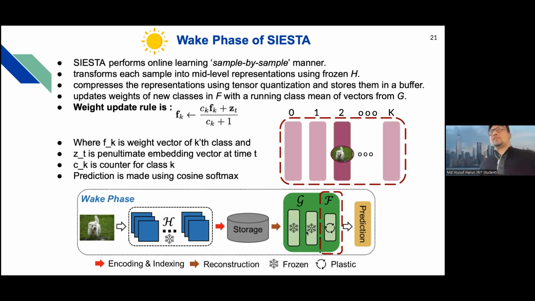That is basically the penultimate embedding vectors that we update during online learning, and then update the corresponding class units in the output layer. This is very simple, has no computational overhead, and is very quick and realistic.